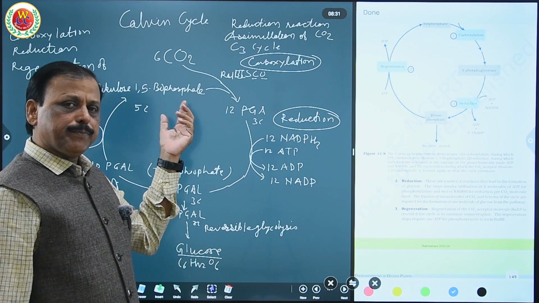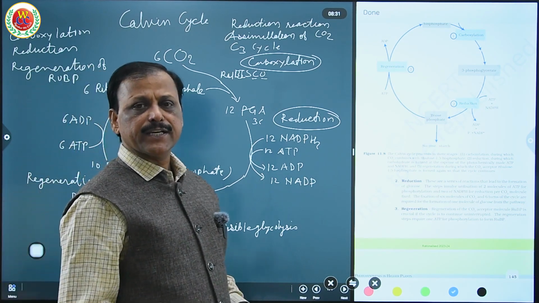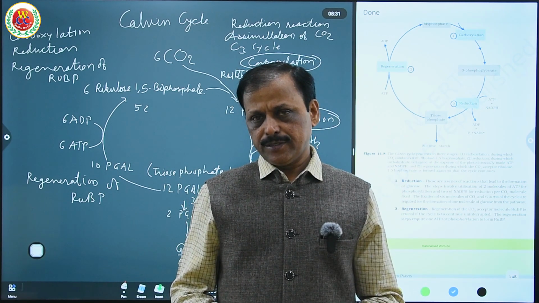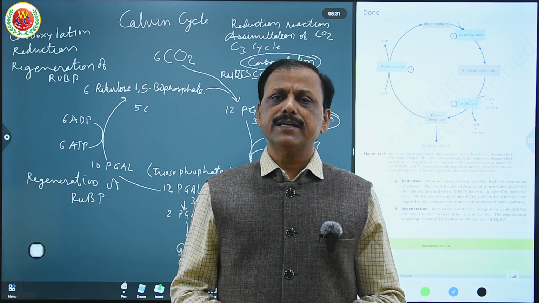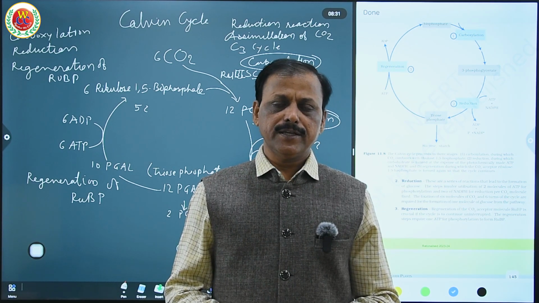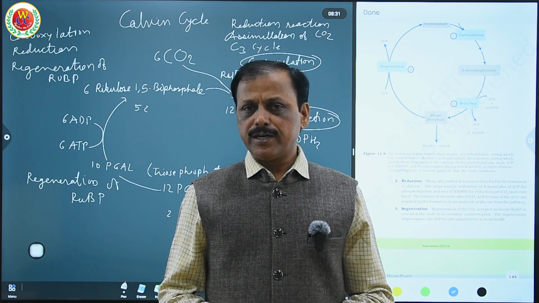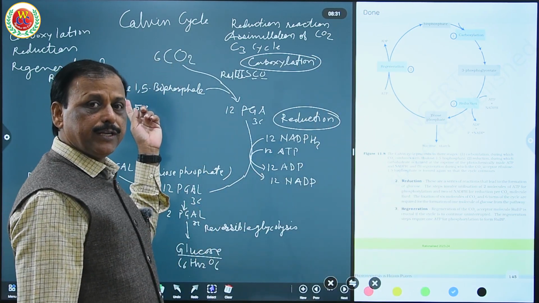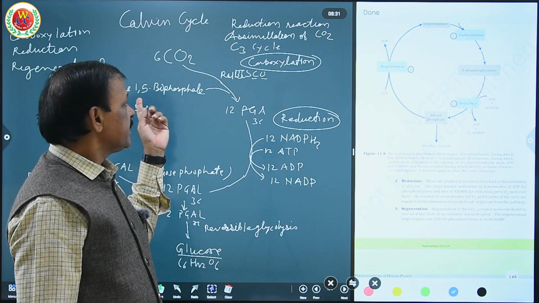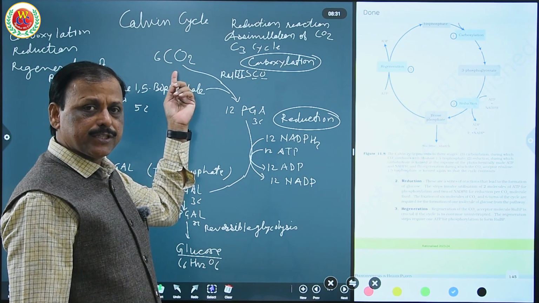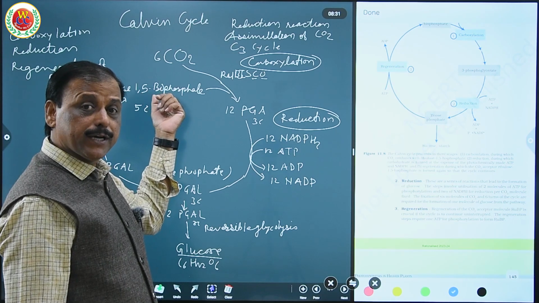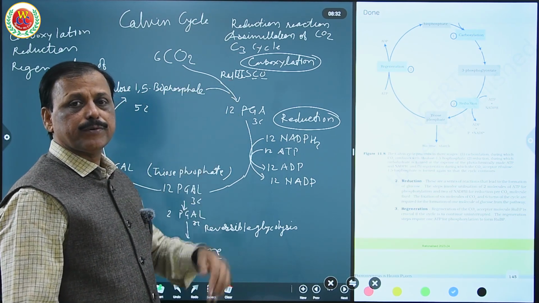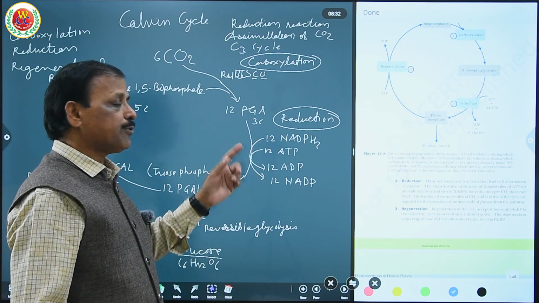To know it better, Calvin cycle occurs in the stroma of the chloroplast. Atmospheric carbon dioxide is absorbed through stomata and reaches the chloroplast region, where RUBP, in the mesophyll cell, palisade cell, combines with this atmospheric CO2, or atmospheric CO2 is absorbed by RUBP to produce 12 molecules of PGA in presence of ribulose biphosphate carboxylase.